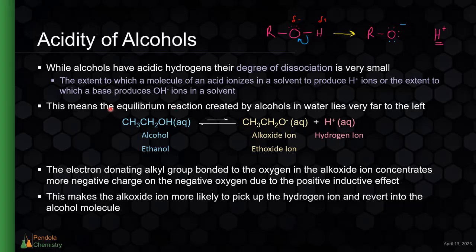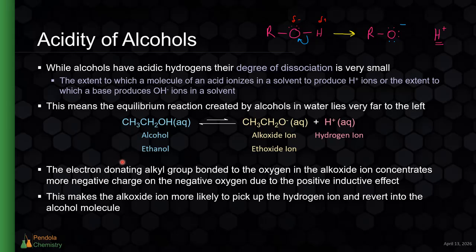Now, the equilibrium that is created does lie very, very far to the left. So alcohols are mostly going to exist as their full organic molecule, not as the alkoxide ion, unless something reacts with them and forces this reaction to happen. Because in water, in solution, this equilibrium lies so far to the left, there's very little alkoxide ion in there.